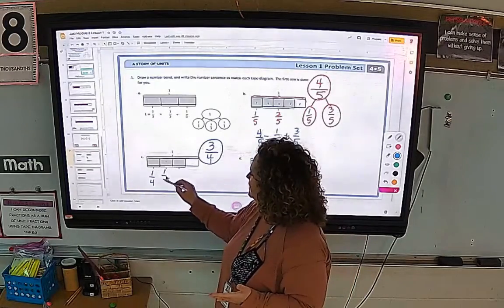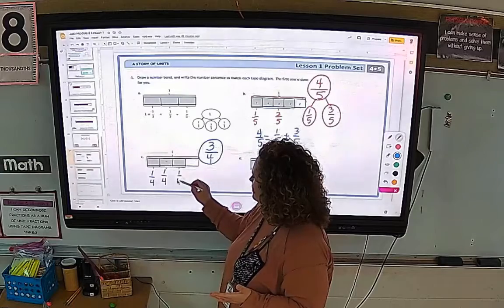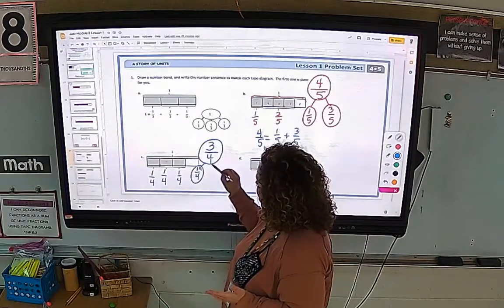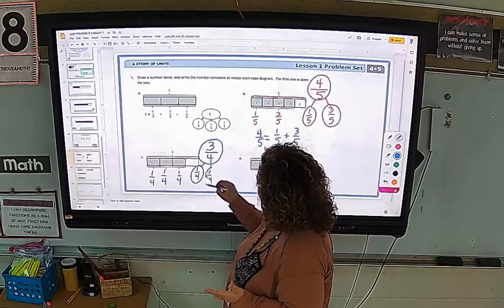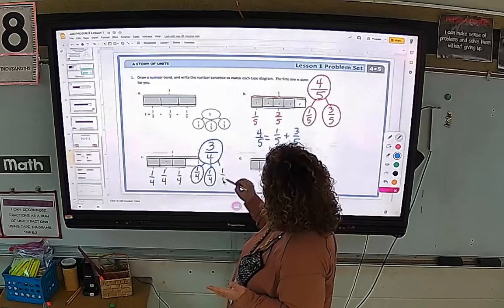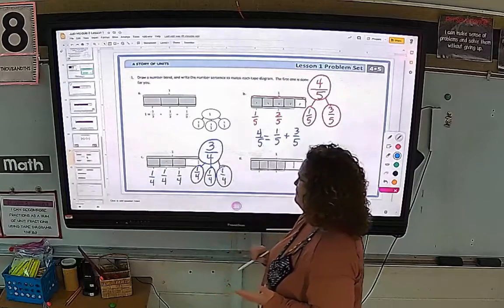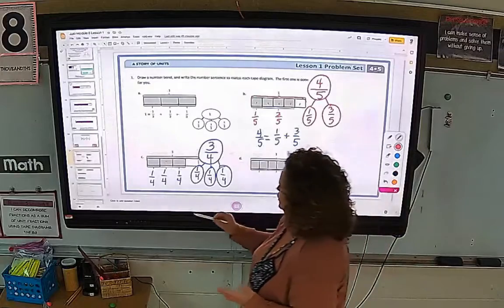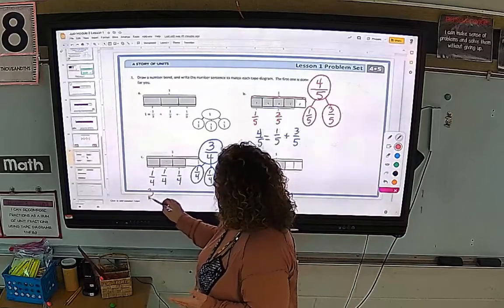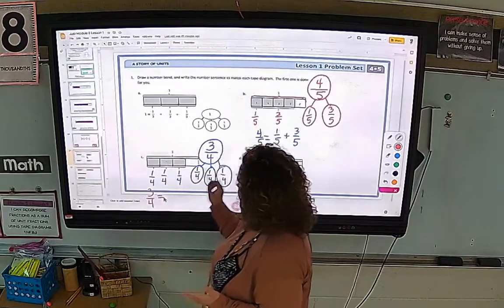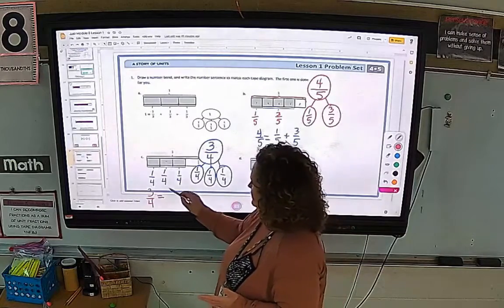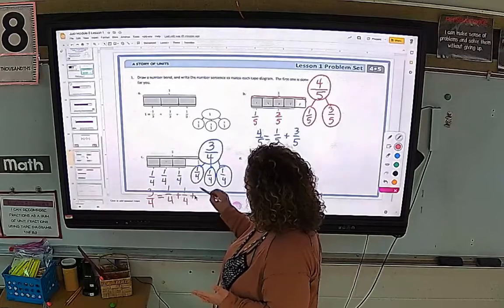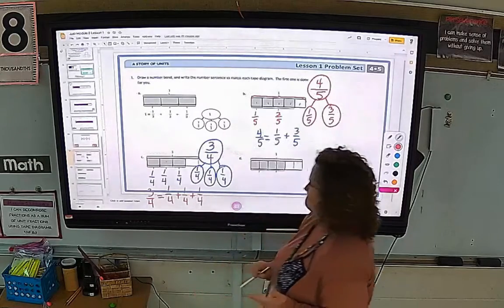Okay, but this is another 4th, and this is another 4th. So I'm going to need 3 bubbles coming off of this. Okay, and then I would need my addition sentence, which is going to be 3/4 is equal to, and add those up, 1/4 plus 1/4 plus 1/4. Okay.